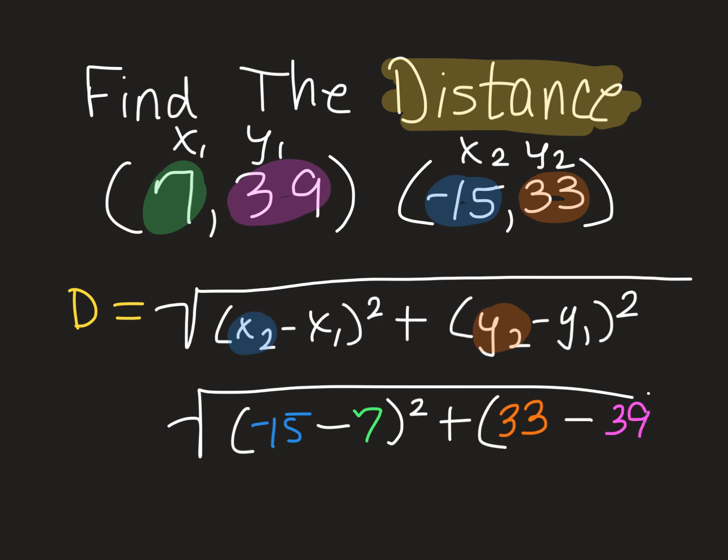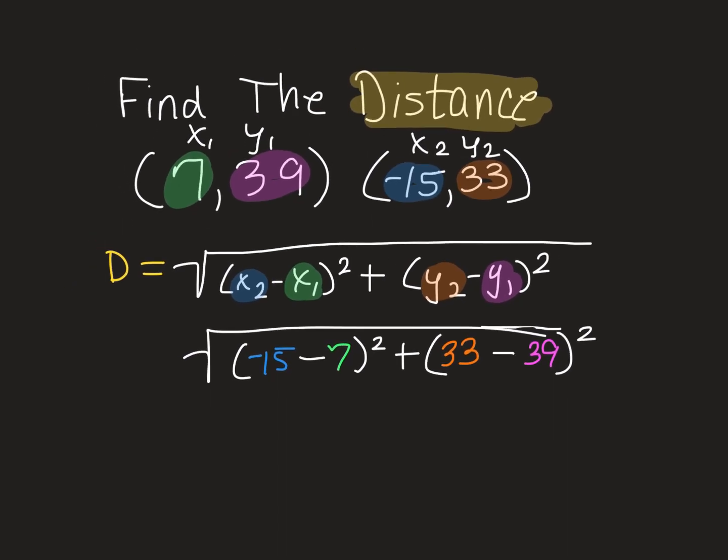And so again, these should all be in parentheses because after we find those differences, we're getting ready to square those differences. And I just realized, I didn't highlight that, just so you can kind of see where everything came from. So the first thing I did is just substitute my x values and my y values into the formula.